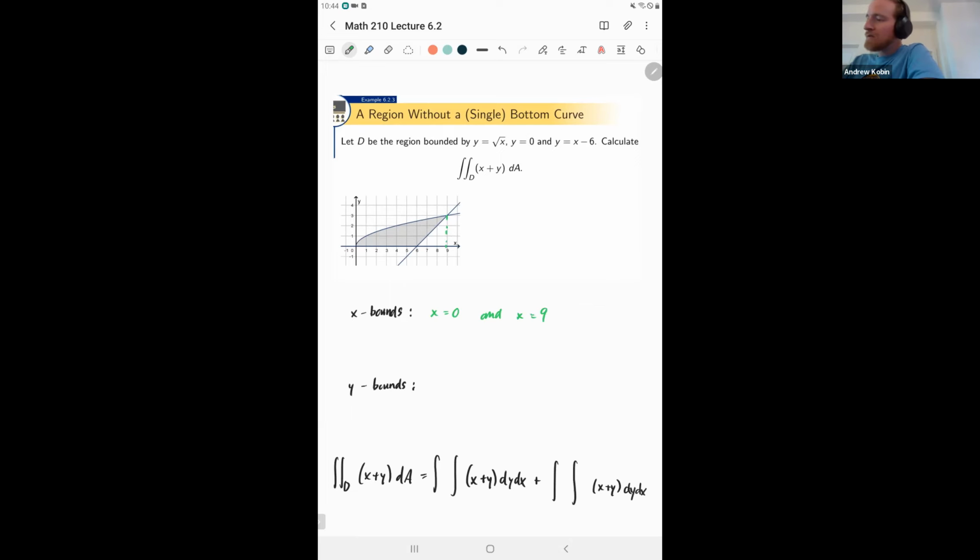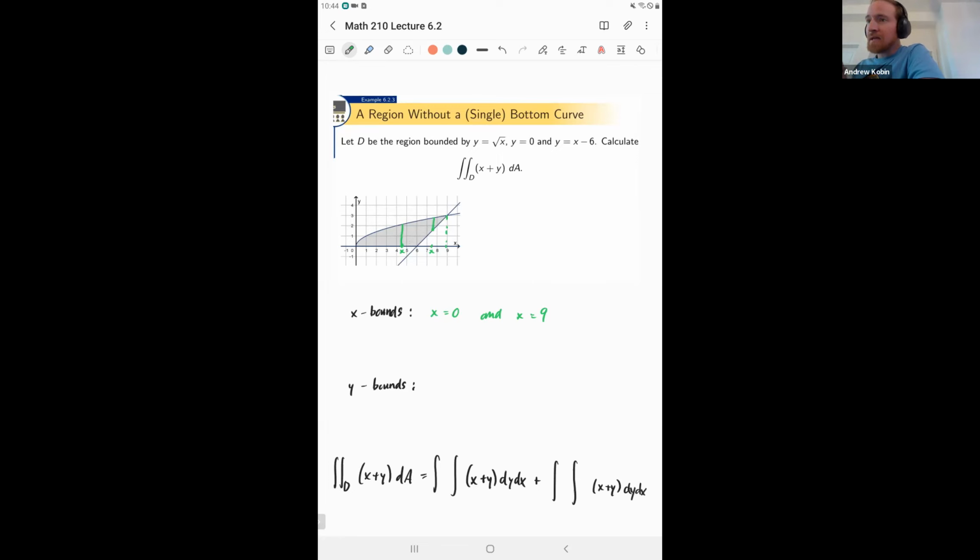For any given x value, the y bounds range from 0 on the bottom up to the function, which we have a formula for, as long as we're between 0 and 6. However, if I choose an x value later in the region between 6 and 9, then the y range is much smaller. It starts at the positive sloped line, and it ranges up to the square root function.